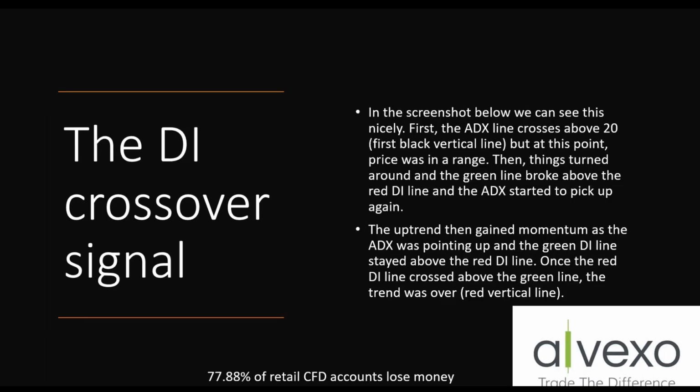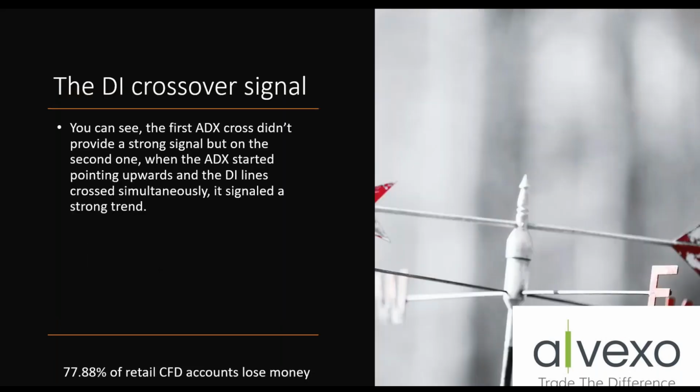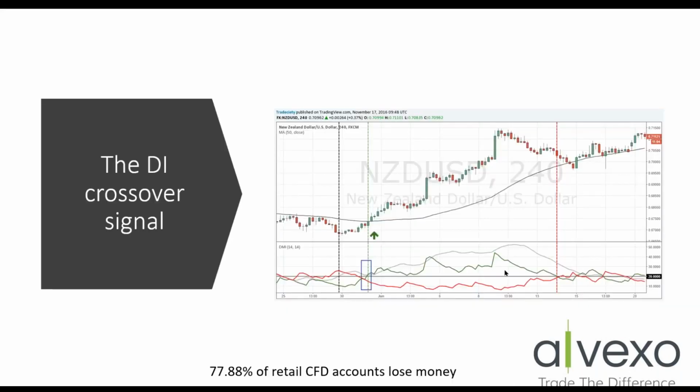So, the uptrend. In the next screenshot I have for you, let's go look. We can see here what's happening with the candles. Granted, we have green candles because the close is higher than the open.